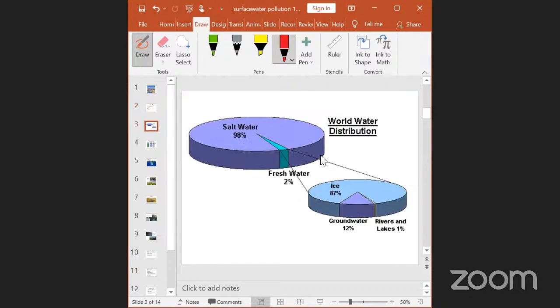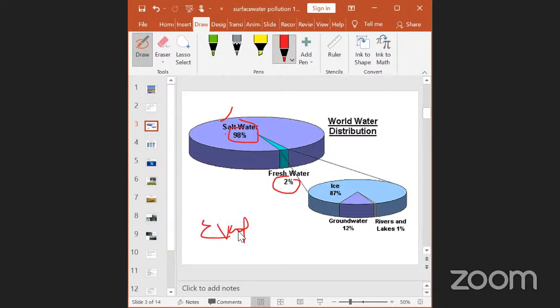Approximately 98% of the earth's water is salt water, and the remaining 2% is fresh water. This fresh water is ice plus snow water, right? Surface water can be replenished by precipitation and can pass through the atmosphere via evaporation.